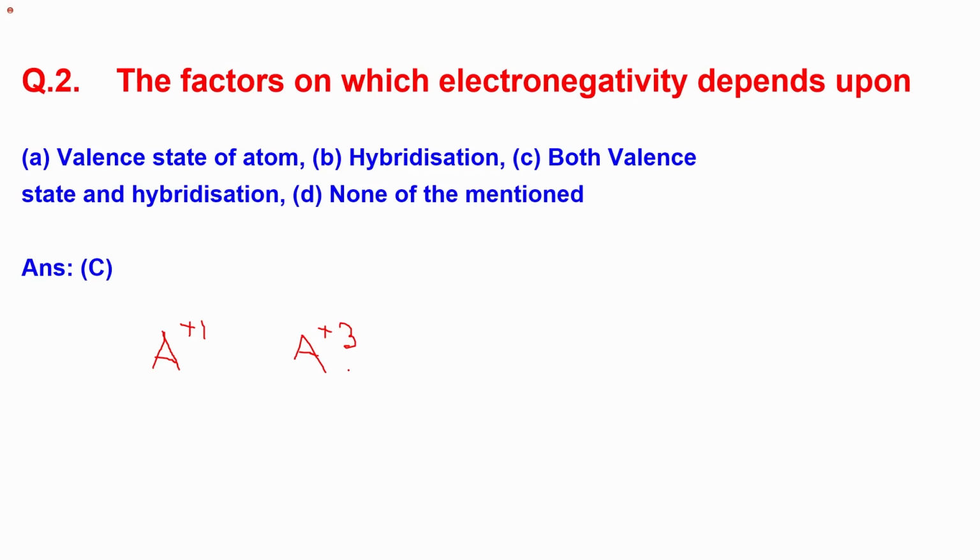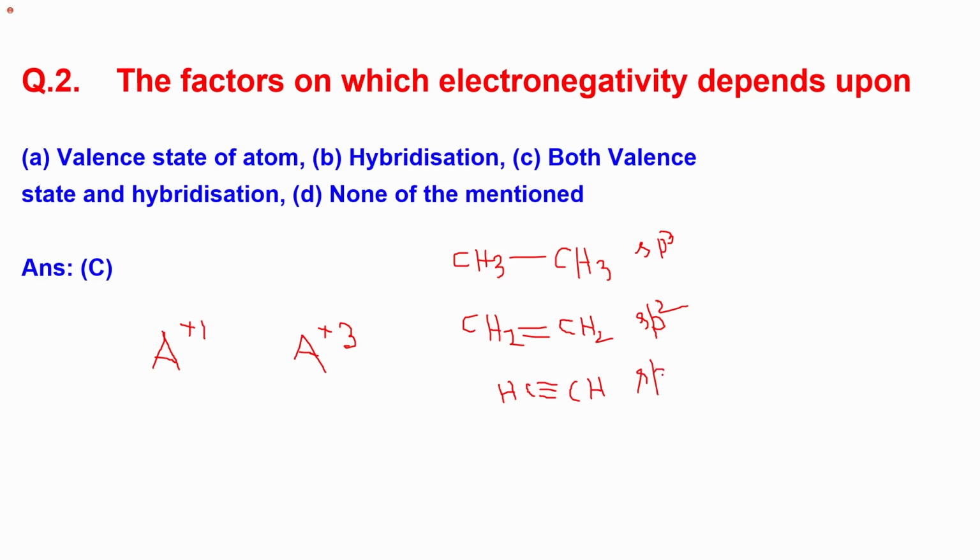Now, hybridization also does matter. How? Let's say we have carbon. This one is sp3, this is sp2, and this is sp. Now if you see, when you are coming from top to bottom, which character is increasing?